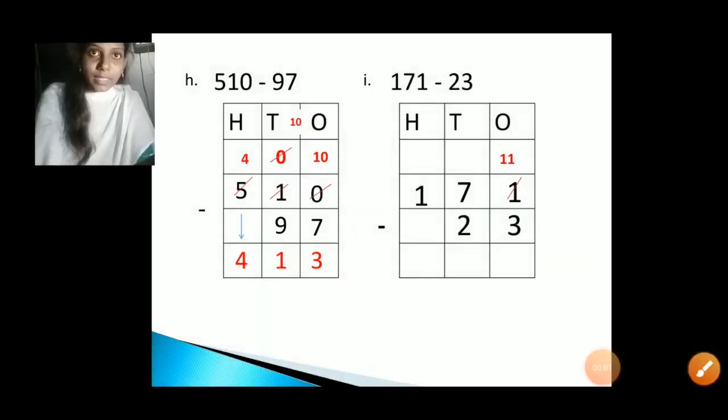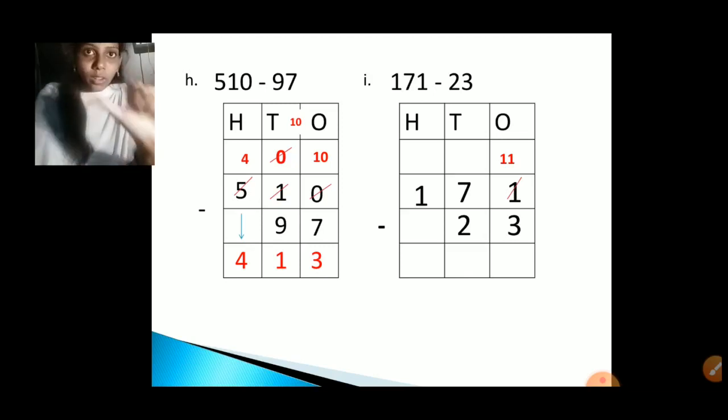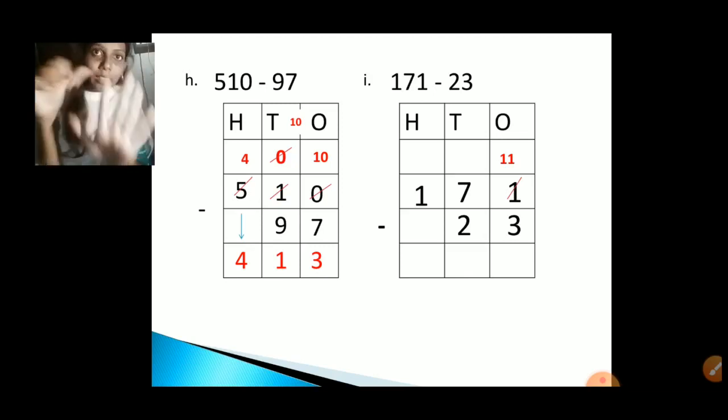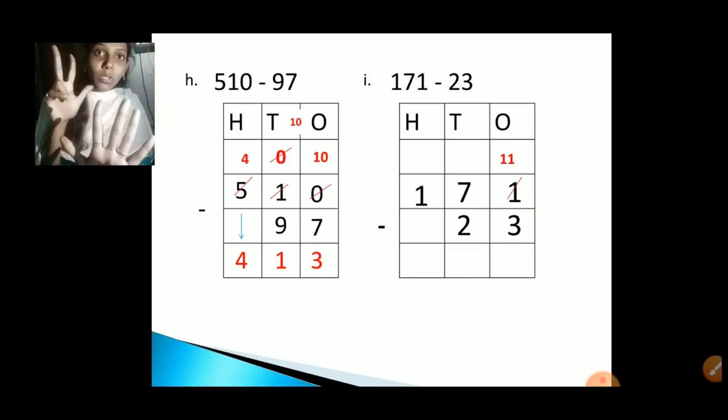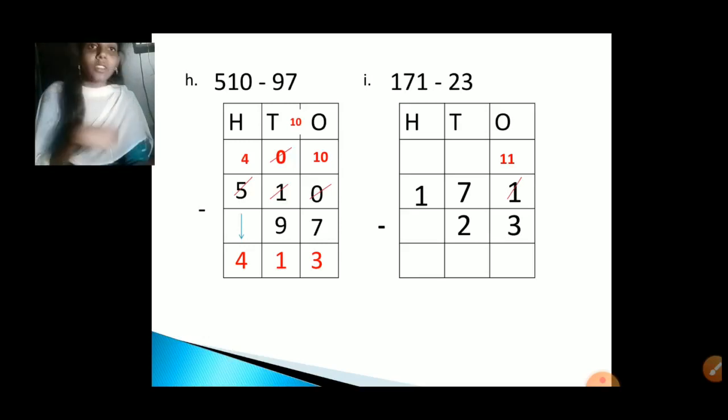11 minus 3. So we will start the counting after the 3 till 11. So 4, 5, 6, 7, 8, 9, 10, 11. So 11 minus 3 equals to how many? 8. So 8 we will write under the ones place. Right?